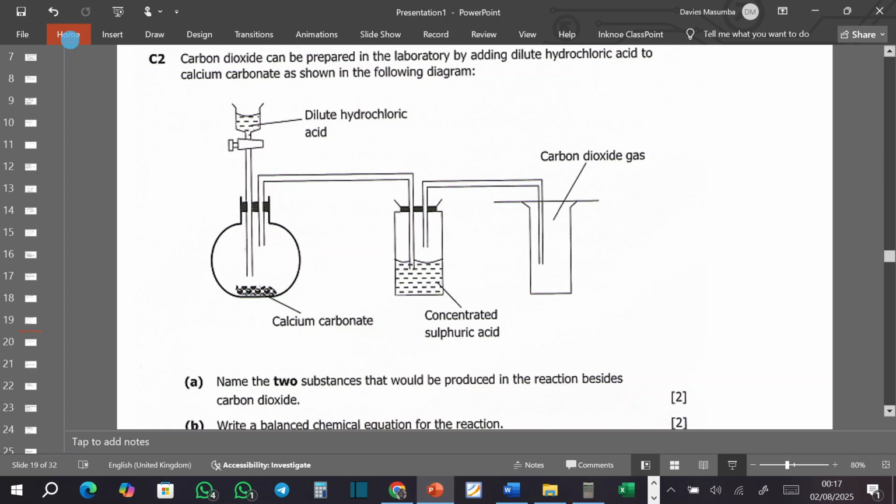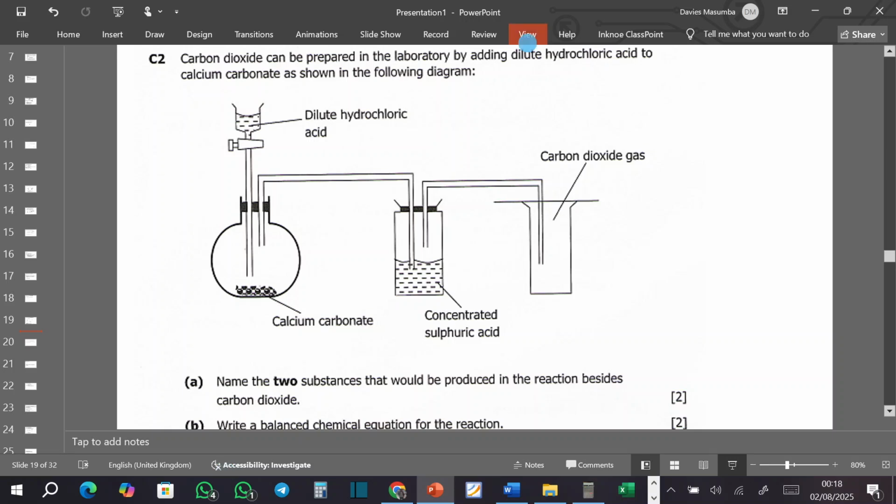The gas passes through concentrated sulfuric acid, then comes out here as carbon dioxide gas. Then they're telling us to name the two substances that would be produced in the reaction besides carbon dioxide.